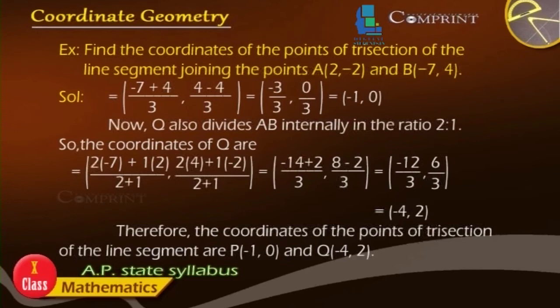Therefore, the coordinates of the points of trisection of the line segment are P(-1, 0) and Q(-4, 2).